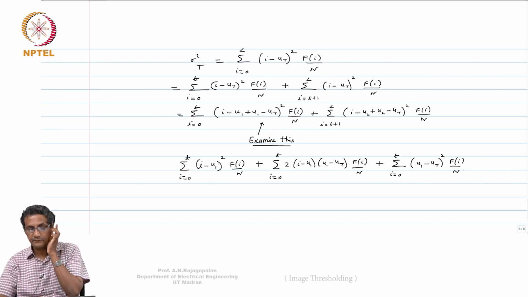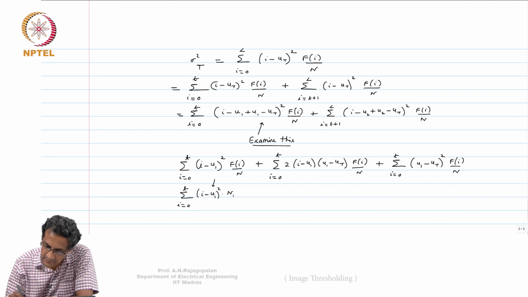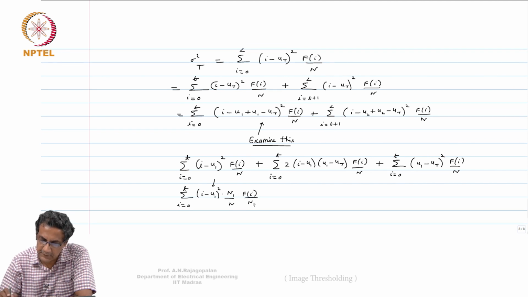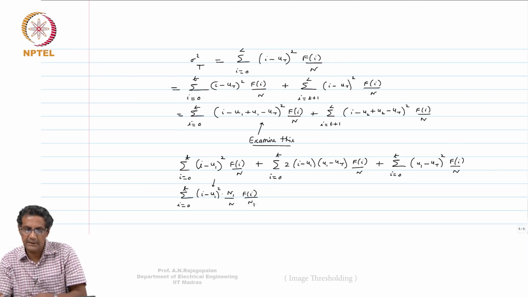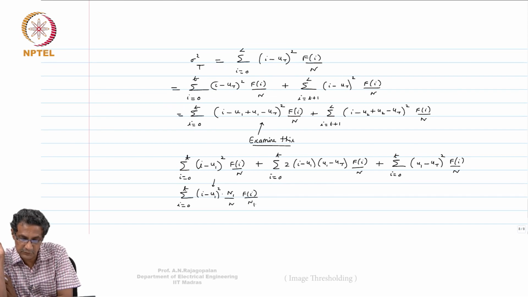Okay. Now this term, we can rearrange it as summation i equal to 0 to t, (i minus mu 1) whole square into n1 by n into f of i by n1. Because we have just multiplied and then divided by n1, right? So f of i by n.